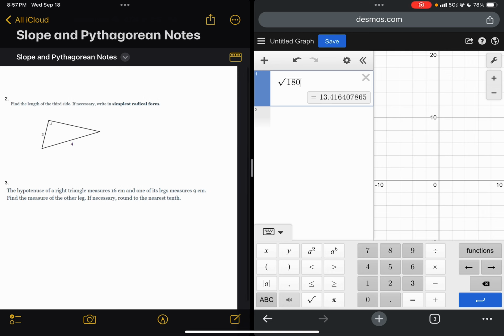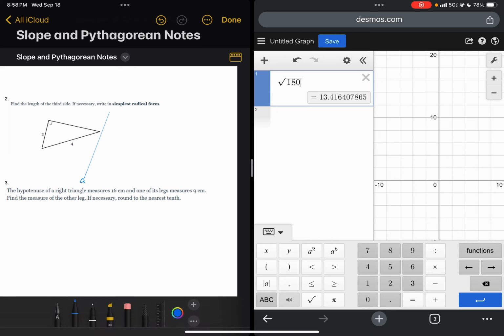I have a squared plus b squared is equal to c squared. My a, I'm going to leave this time so it doesn't look like a 6. 2 squared is 4, equal to 4 squared. So a squared plus 4 is equal to 16.